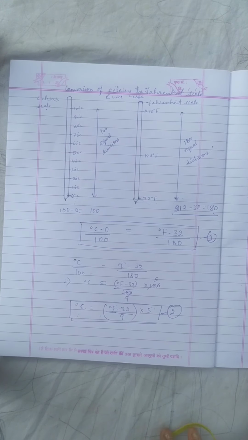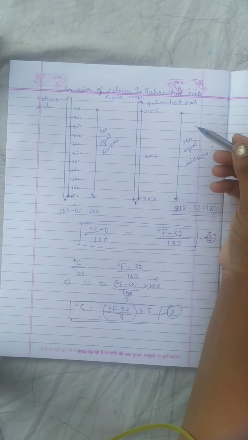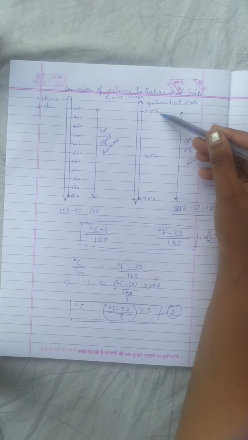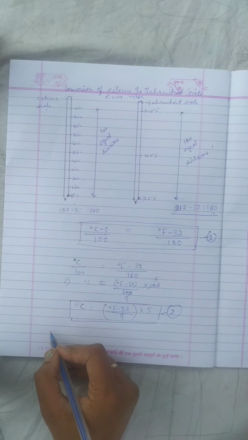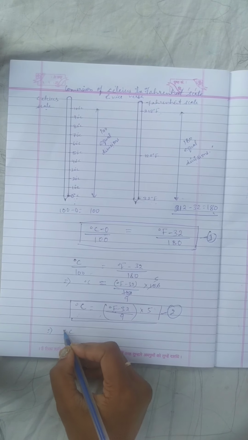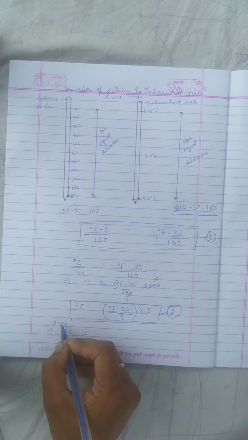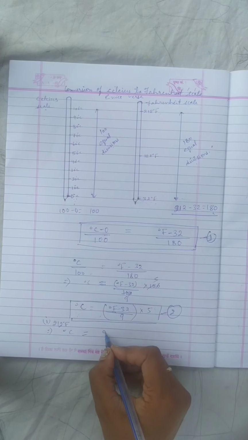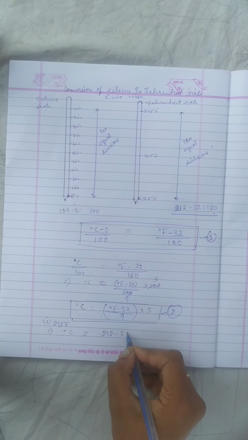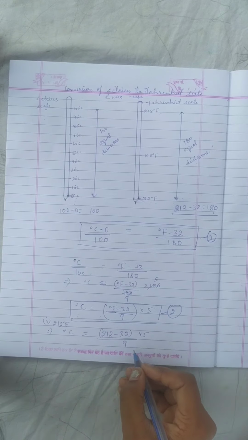Okay. We can have one example here also. Take one example like take 212 degree Fahrenheit. Now we will convert 212 degree Fahrenheit into Celsius scale and let's check what we will get. Degree Celsius, in place of degree F, you will write 212. 212 minus 32 multiply 5 divided by 9.